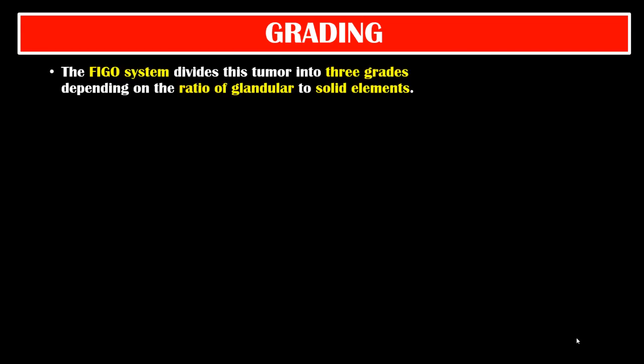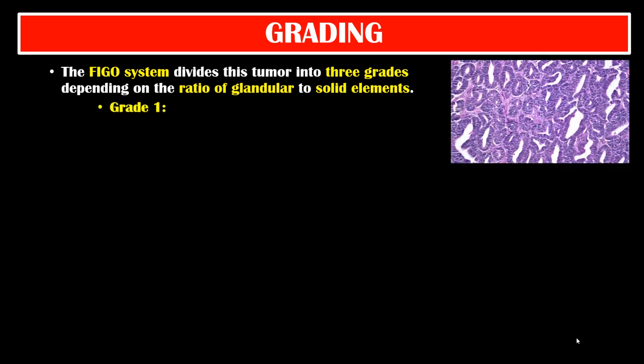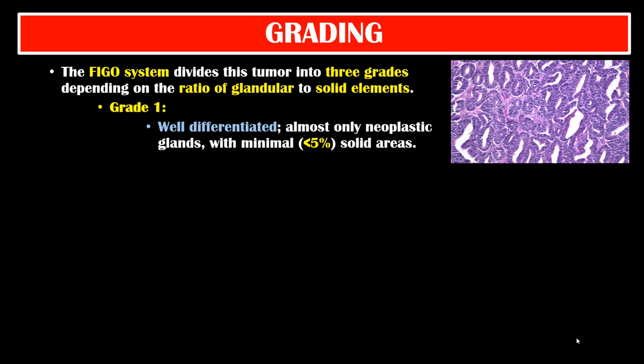Grading. The FIGO system divides this tumor into 3 grades depending on the ratio of glandular to solid elements. Grade 1: well differentiated, almost only neoplastic glands with minimal, less than 5%, solid areas.